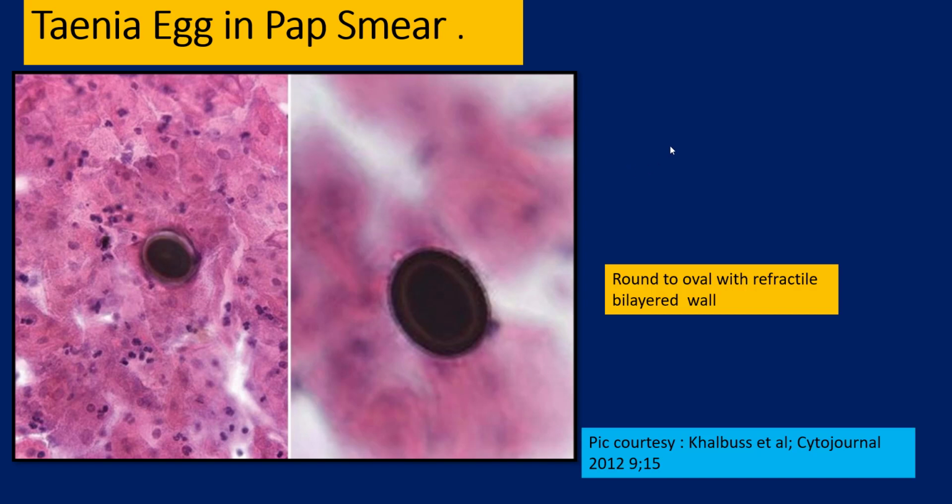In this particular picture, you have the egg of Taenia. They're rounded spheroidal structures, refractile, seem to have a double layer. Very rarely seen, but yes, you can find them on cervical smears.